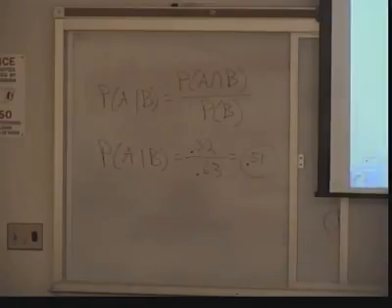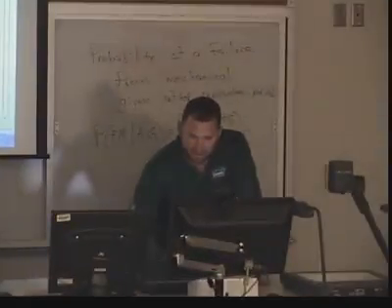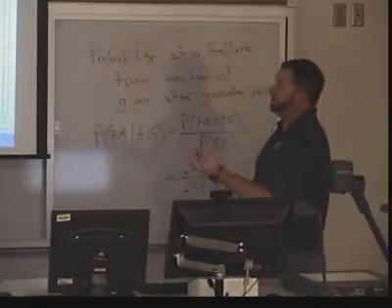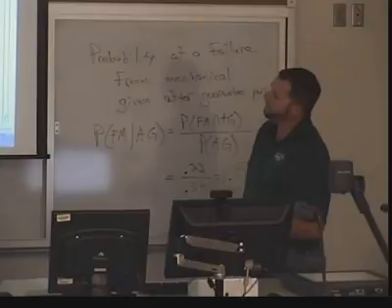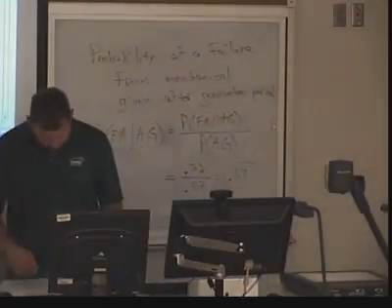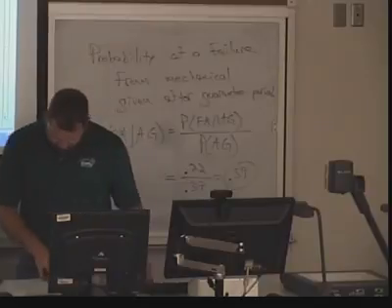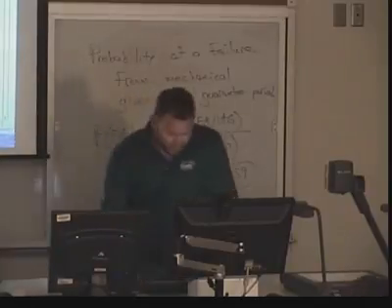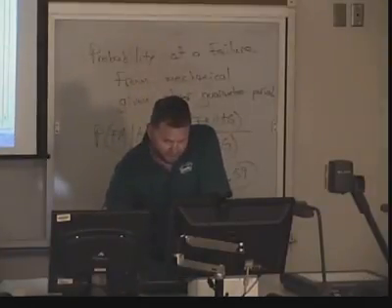So that's that. There is our conditional probability. Pretty straightforward, really. As long as you're given these values, it's really simple. You just plug it in. Plug and chug. Okay? Now let's move on to the next section.